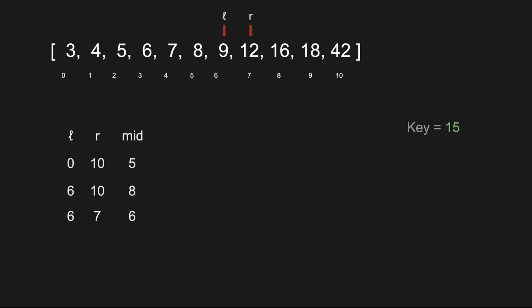And now the new middle index is 6, with its element 9 that is less than our key. So it goes to the right side of the middle index. The middle index 7 with its element 12 is still less than our key element. So the left index is now greater by 1 than the middle index, and the process stops since now the left index became greater than the right index. So the element couldn't be found and it doesn't exist.